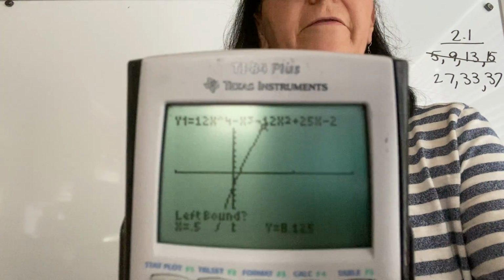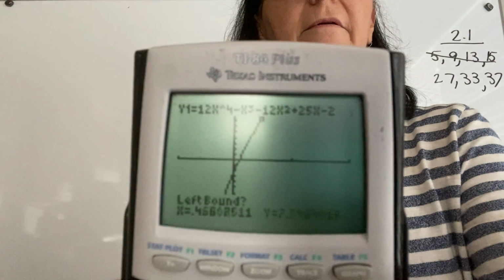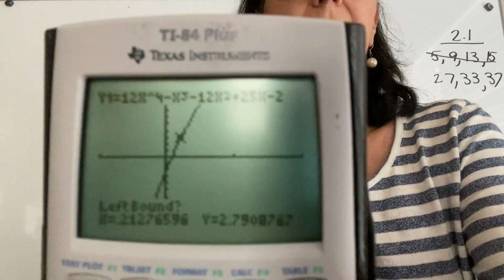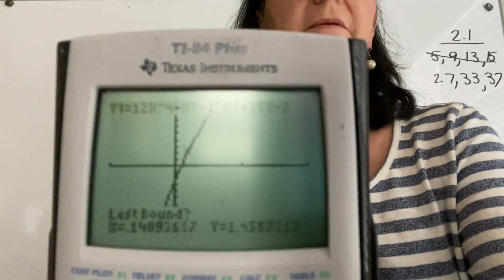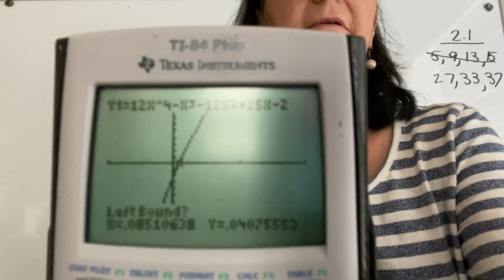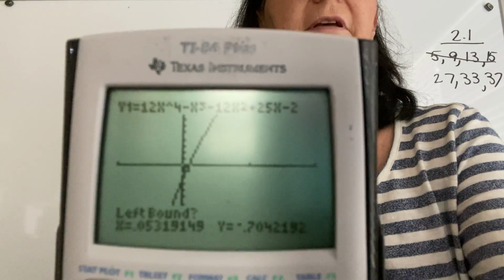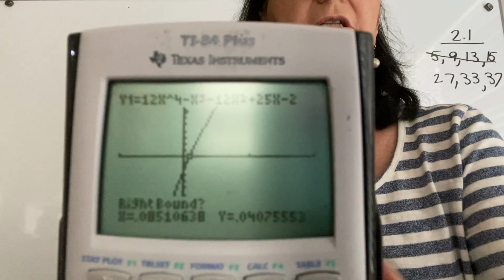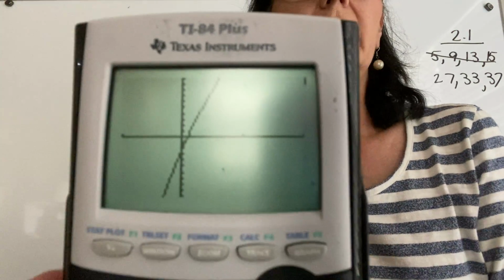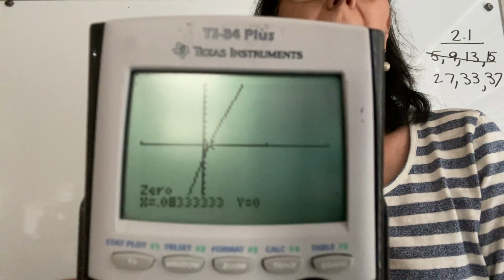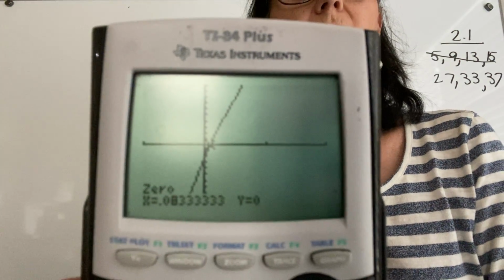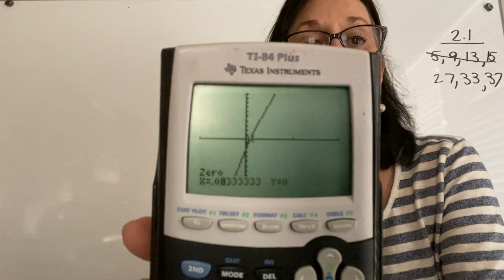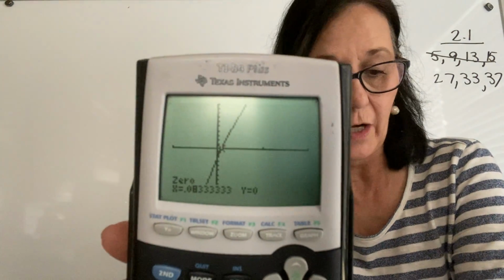So I want to go back left a lot. Okay, I'm waiting for that y to be negative. There, it's negative. It's below it. I'm hitting enter. See how I just watched it become negative? Then it went positive. That's 0.083 repeats. That's 1/12. I've had that solution a bunch. So 0.083 repeat is 1/12.